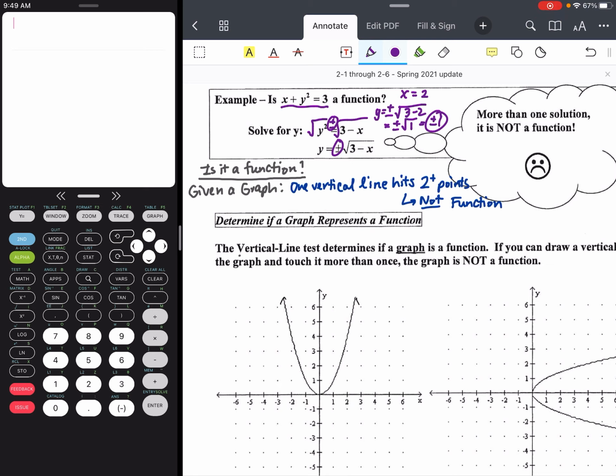So if we were to graph this relation, I would see the ordered pair (2, 1) and the ordered pair (2, negative 1) on my graph. So again, we're going to have these repeated x values paired with different y values. One input value of x produces 2 or more y values. That means this is not a function.